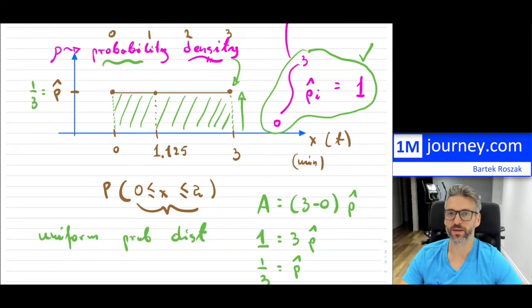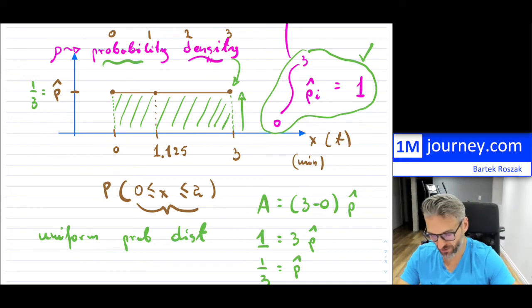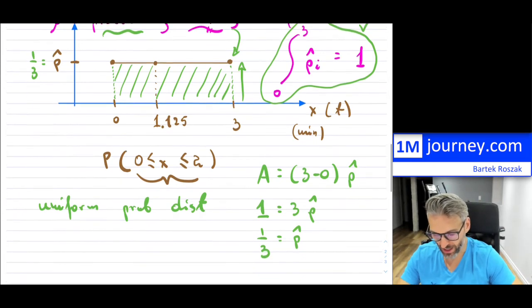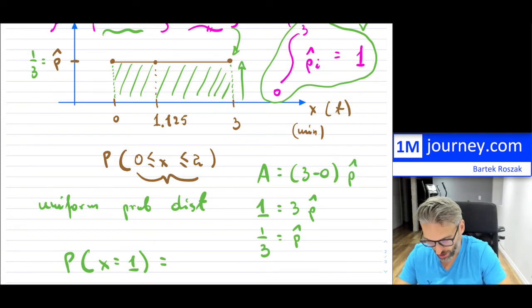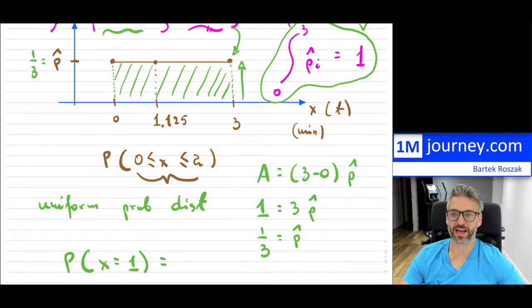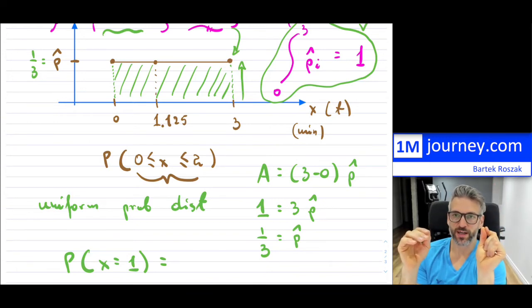It's uniform. But you cannot say, what's the probability for x equal to 1? This no longer exists. If you're thinking about an area under just 1 point, there is no area.